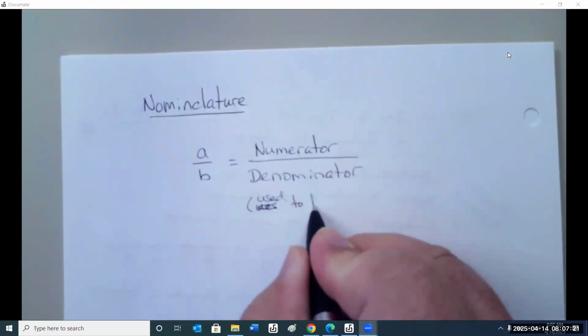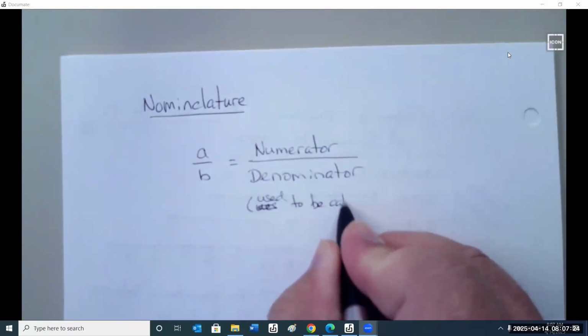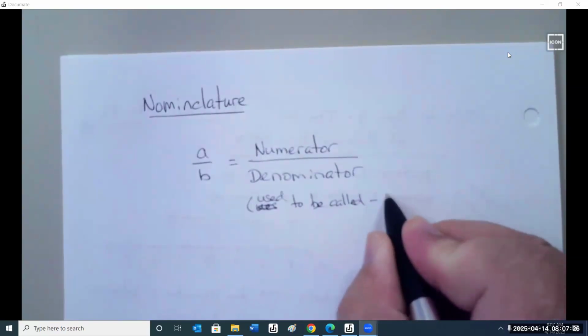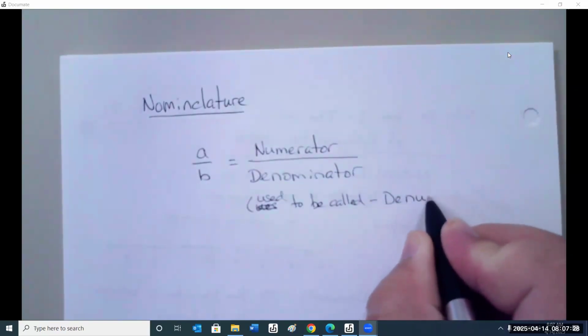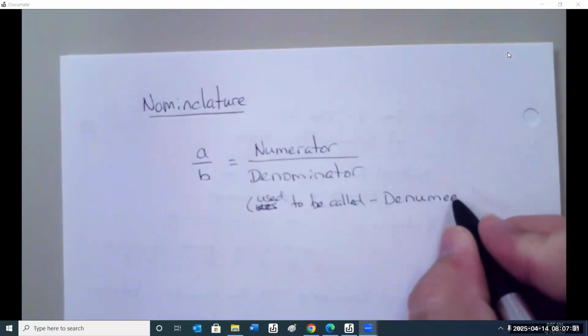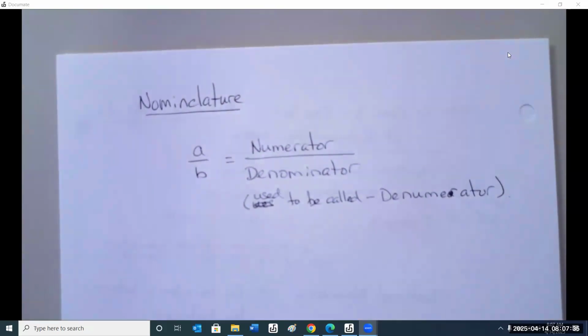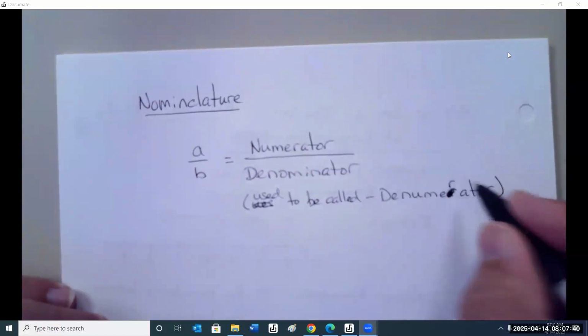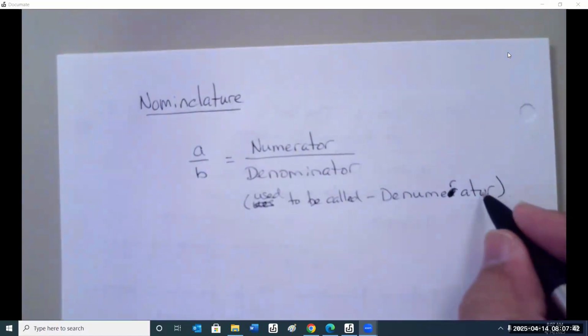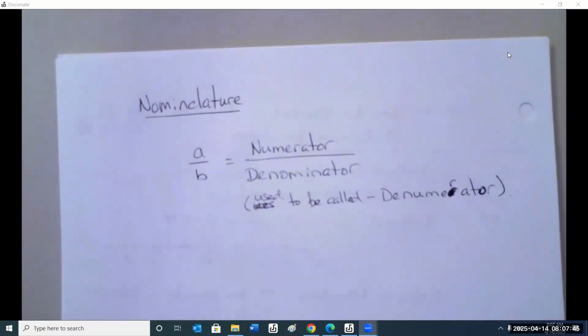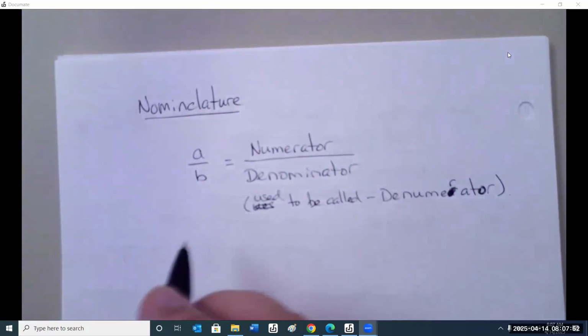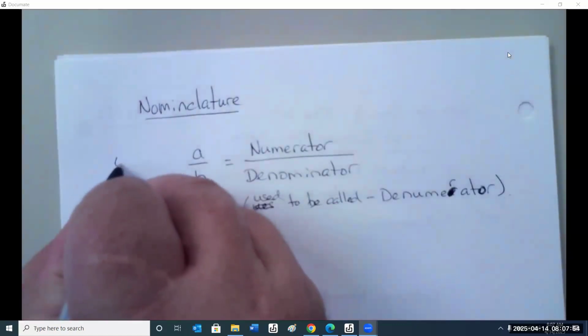That's an R. But now we just call it the denominator. This is elementary school.